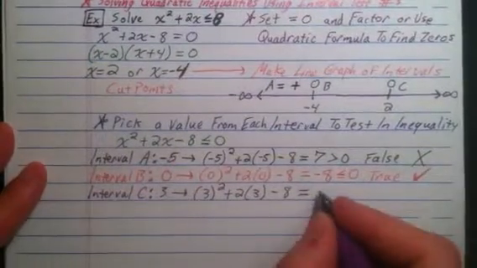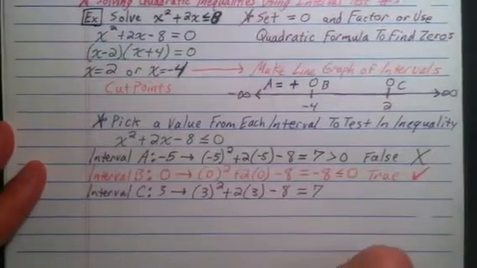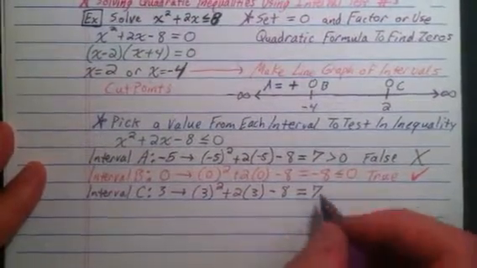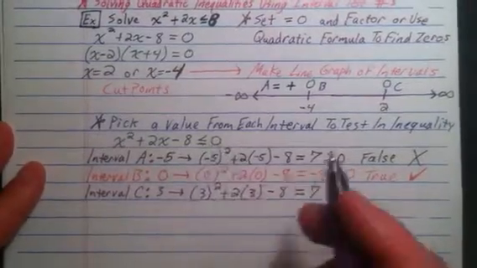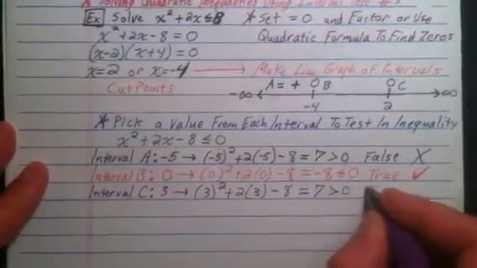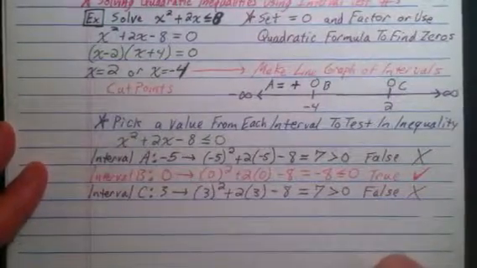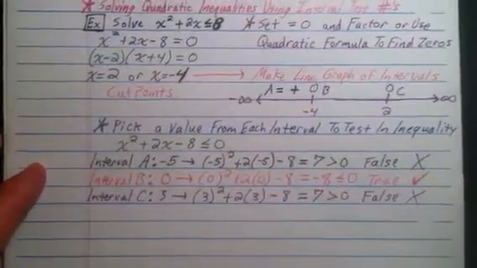If you do that, that also gives you a +7. Once again, it's not less than or equal to 0. It's actually greater than 0. So that's a false statement, and we don't want to take that as part of our solution.